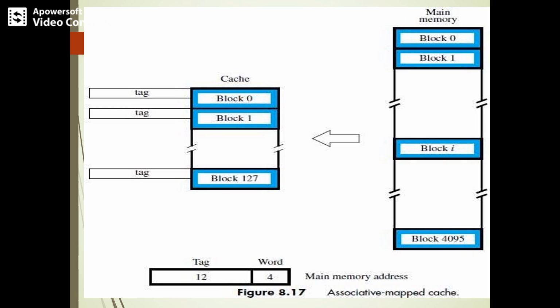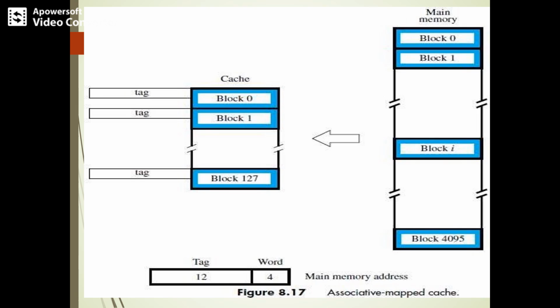The mapping is shown in the diagram. Here we need to identify the tag bits. Initially the tag bits are assigned by the processor to individual blocks of the main memory, and each of the tag bits needs to be compared with the tag bits of the cache.